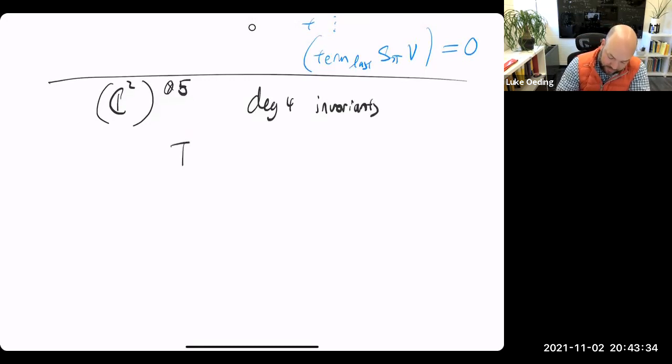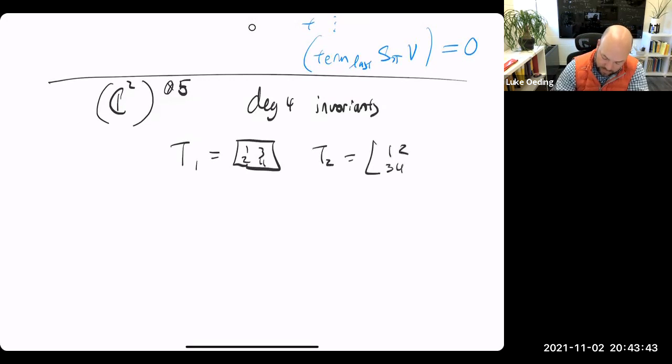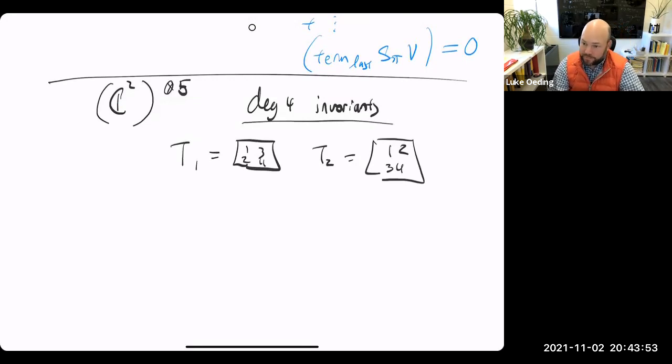And so I have these two tableaux, T1, 1, 2, 3, 4, and T2, 1, 2, 3, 4, like this. And so character theory computation could tell you what the space of invariance is. I'm only doing invariance in this case, but you could do other types of representations.